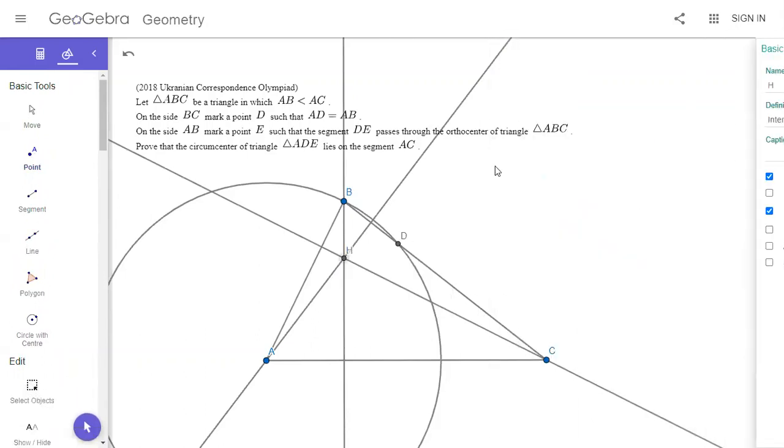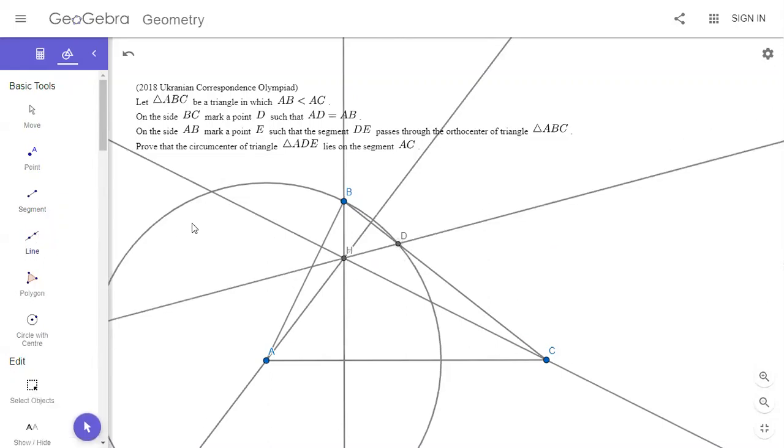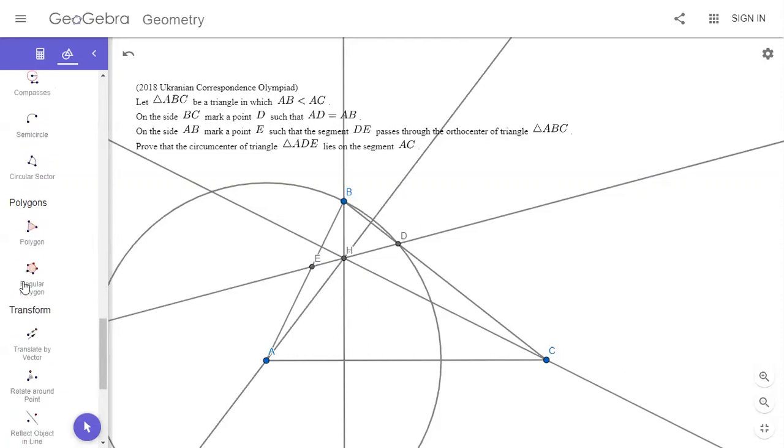Okay. Whoops. And we want DE to pass through that. So this should be point E. And we want to prove that the circumcenter of triangle ADE lies on AC. All right.